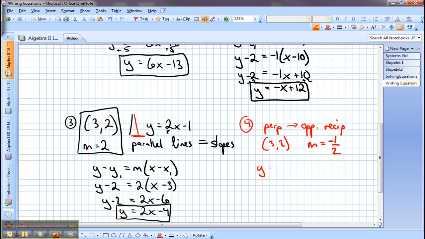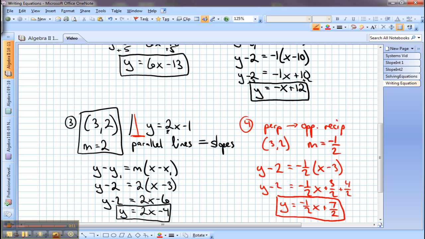Simply substitute these in. Y minus 2 equals negative 1/2 times the quantity x minus 3. When we distribute, we get negative 1/2 x plus 3/2. And then when we add 2 to both sides, we get y equals negative 1/2 x plus, it's like 4 over 2, so that would give us plus 7/2.